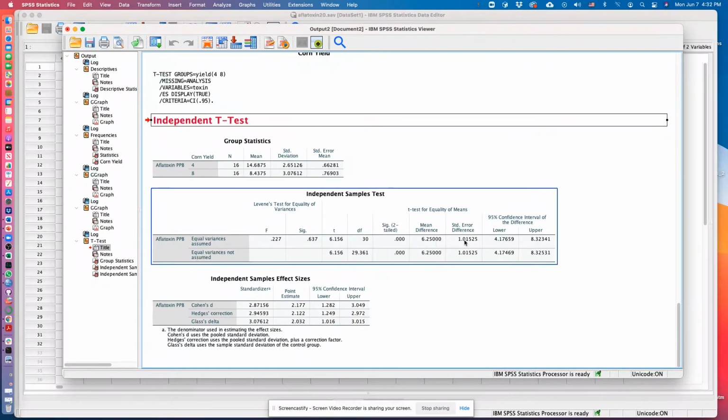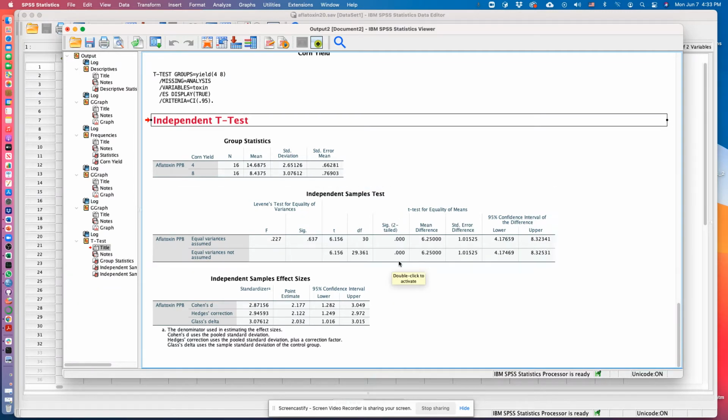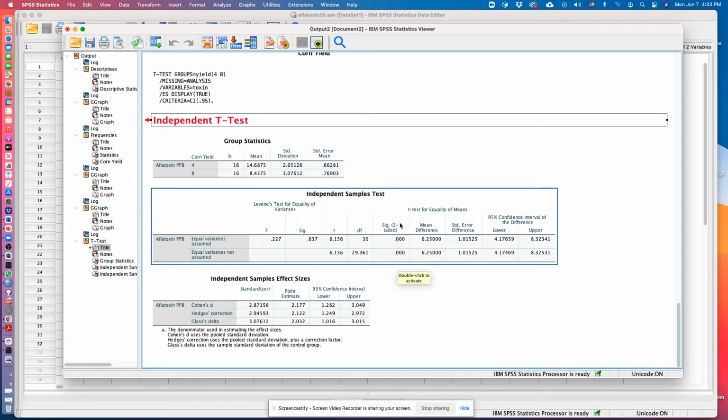So this is the main results for our independent samples t-test. There's a lot of information in this table, but we're going to focus right here for now. This is your p-value. This is the value that you're going to use to determine whether the results are statistically significant or not.